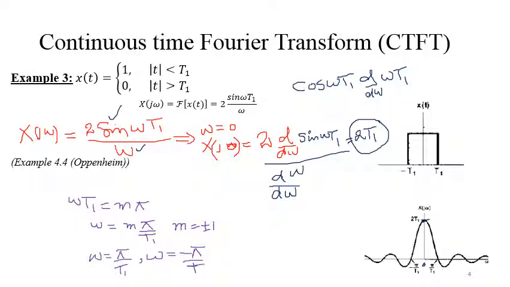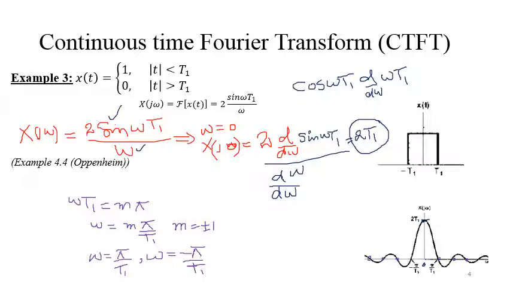So at integer multiples of pi by t1, for example this is pi by t1, this is 2 pi by t1, this is 3 pi by t1, this one is minus 2 pi by t1, minus 3 pi by t1, minus 4 pi by t1, and so on. On all these values we have the 0 crossing.